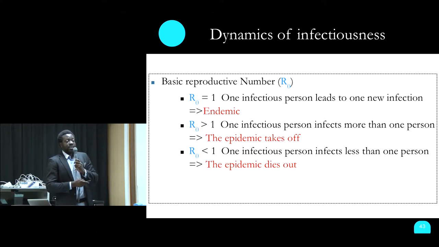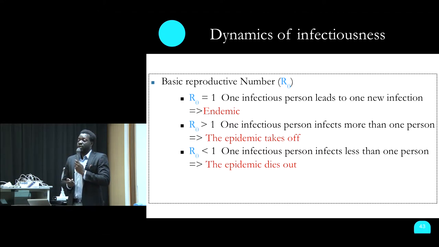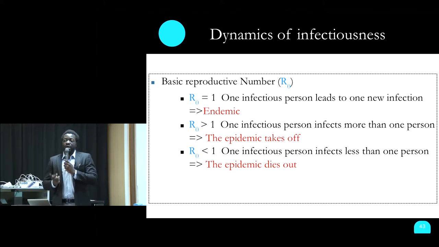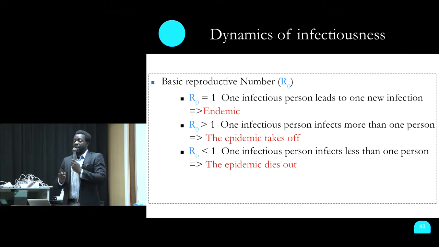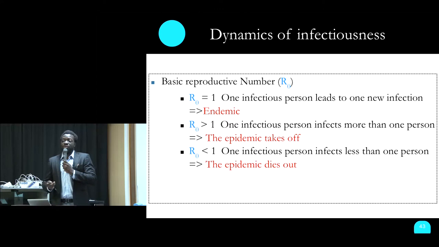When R naught is more than 1, it means that one infectious person can transmit the infection to more than one person. In this condition, we can have an epidemic, because more and more people will be infected and then become infectious. When R naught is less than 1, an infectious person transmits to fewer than 1 person, so we have a possibility of seeing the epidemic dying off.